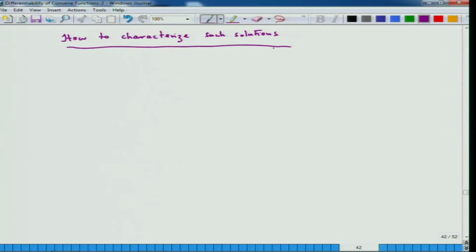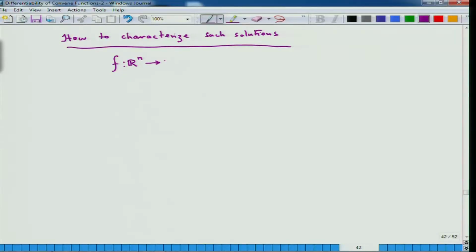In case of convex functions, which we are interested in, there is a notion called the epsilon subdifferential. We have already studied the notion of the subdifferential. Here we are looking at the notion of an epsilon subdifferential.